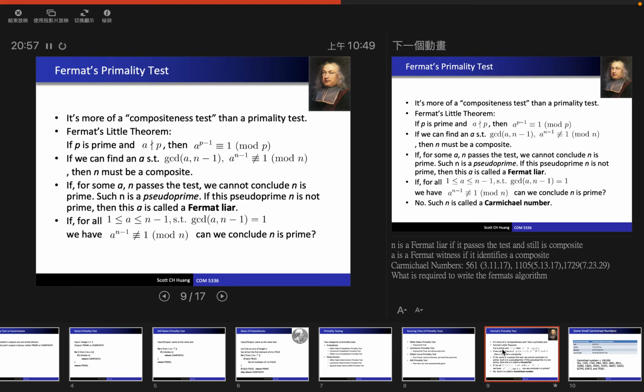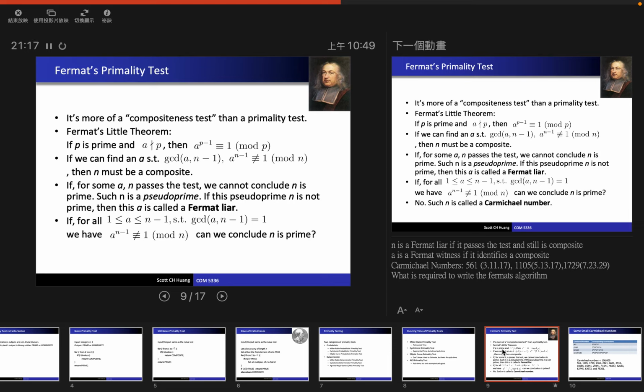And then phi(n) is the number of elements in Zp star which are relatively prime with p, so in that case this is equal to p minus 1. That's Fermat's little theorem. It's all based on this theorem.